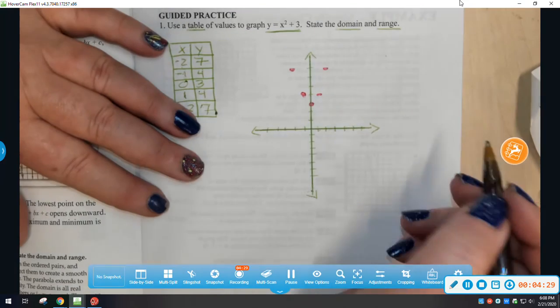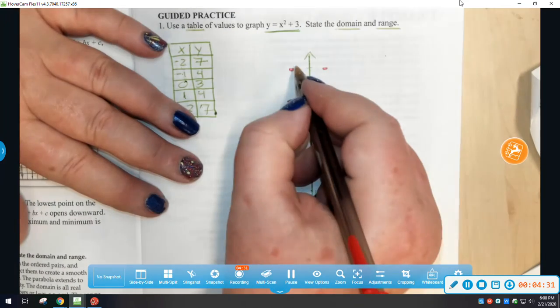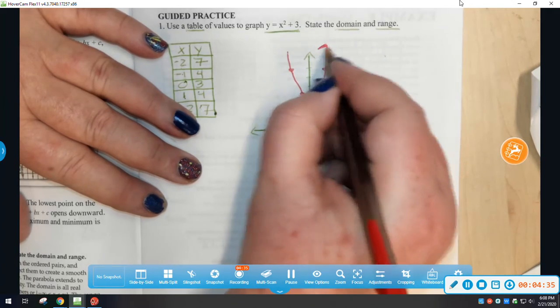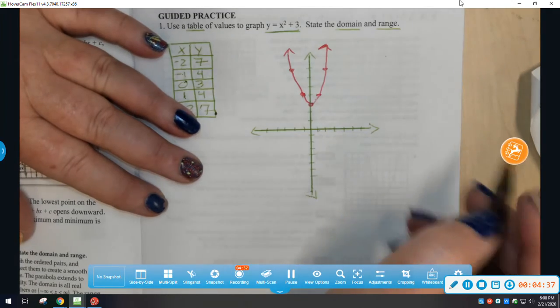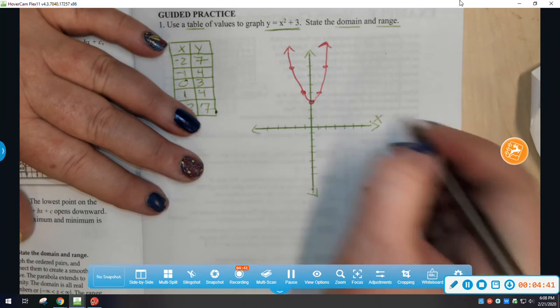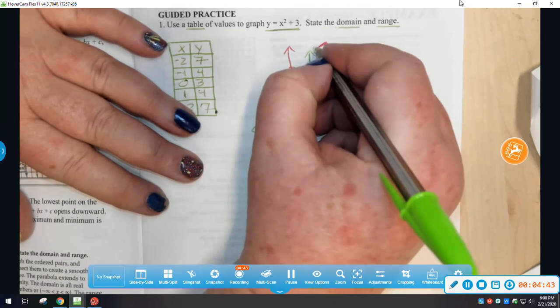Is it symmetrical? It sure is. Doesn't have to be perfect, just gives us a general idea of what it looks like. There's our x-axis. Here's our y-axis.